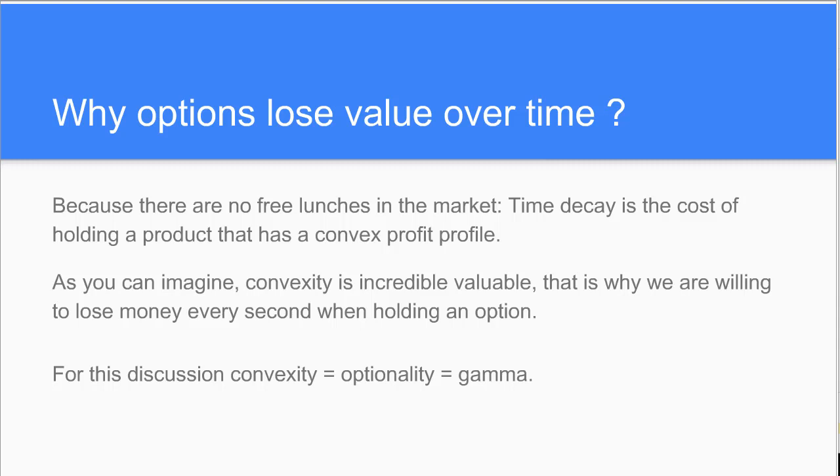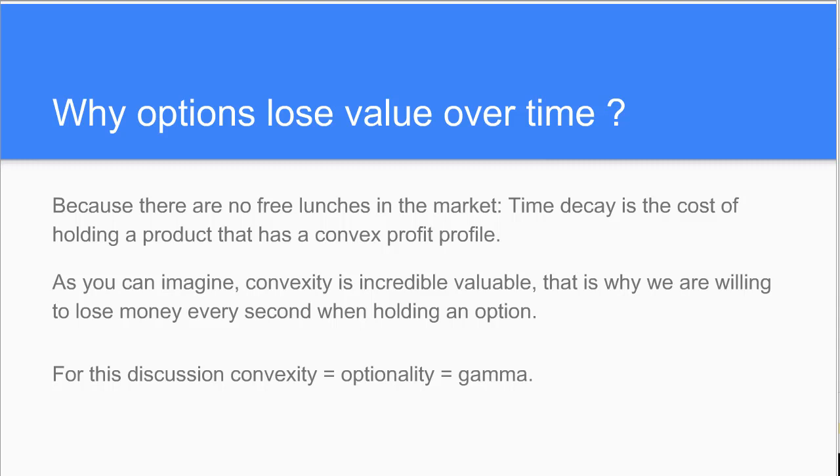Convexity is a word that might be familiar to some of you. It is in opposition to linearity. When you have a convex profile, it's like a satellite dish, something that has a nice curve, or like a lens. Options, amazingly, are convex instruments in the sense that the profit and loss profile, when we are computing our profits or our losses, doesn't change in a linear way.